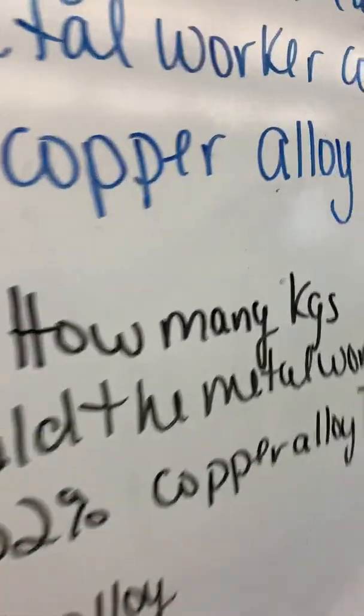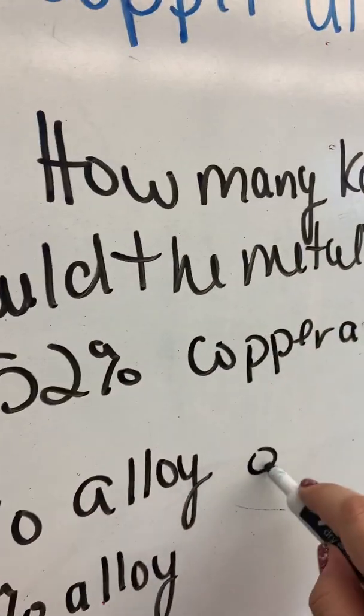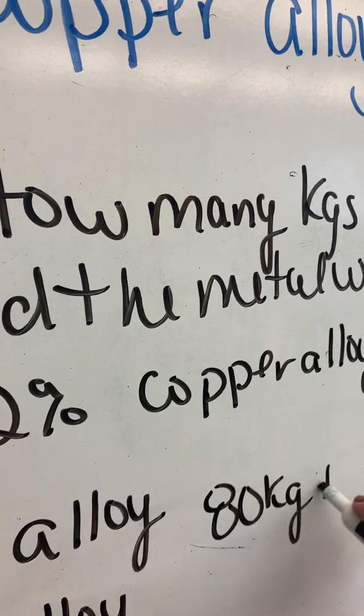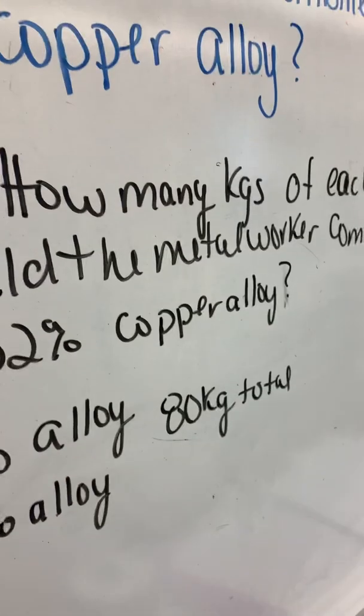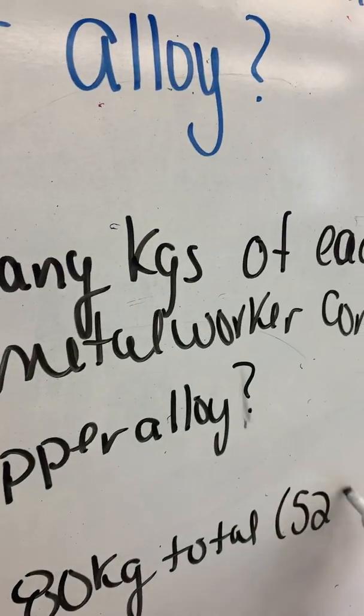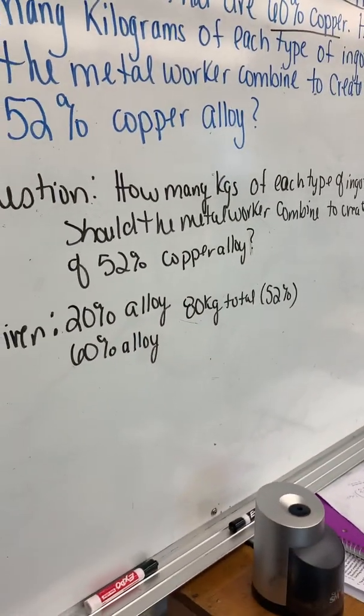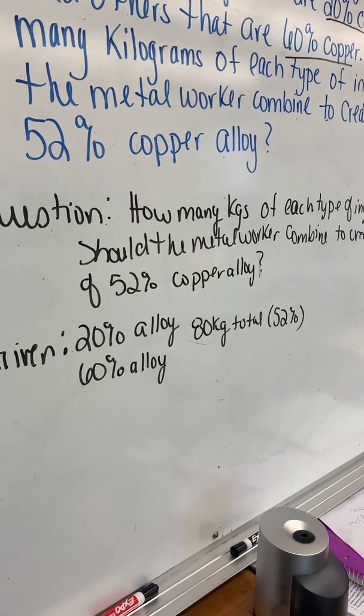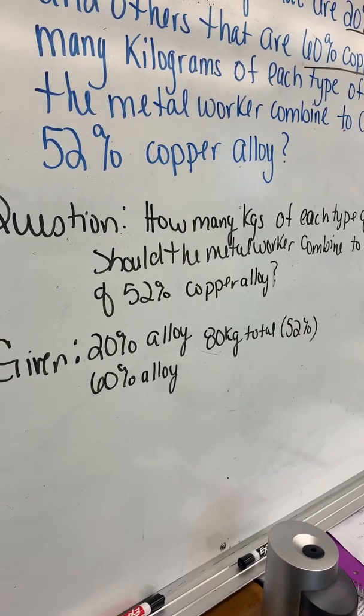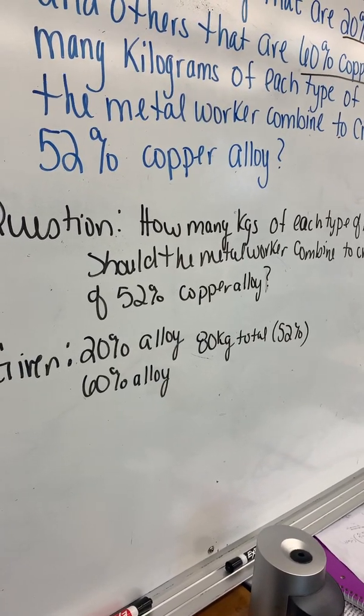We have 80 kilograms total. And we want it to be a 52, and I'm just going to put a percent marker behind it. We want it to be at 52%. Okay? There's all of your important information.